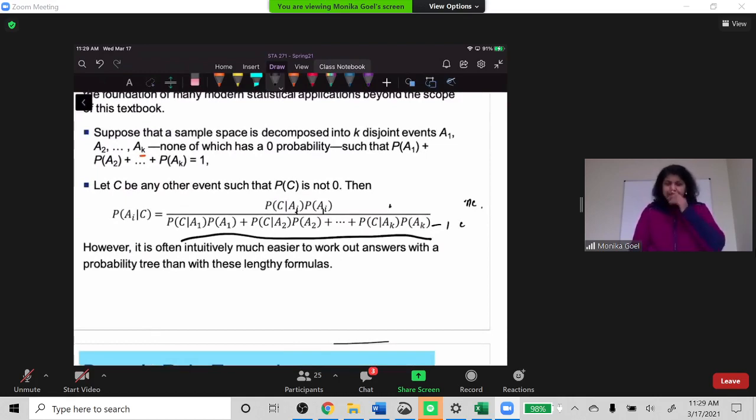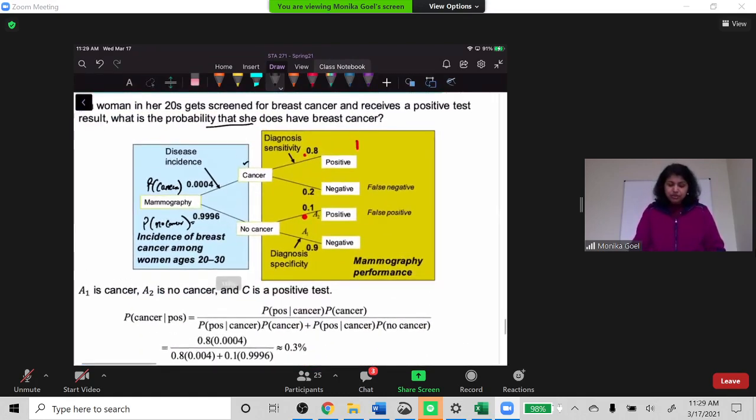If you apply the formula, sometimes it is a little complicated, and if you use the tree diagram it is easier to understand and see what information is given. But you are free to use the formula, tree diagram, table, whatever makes sense to you or is easy to understand. So let's do this example.